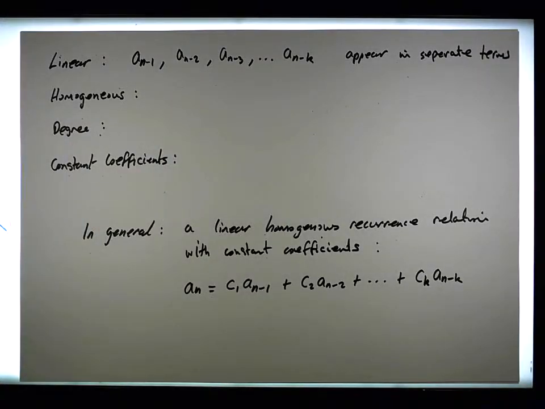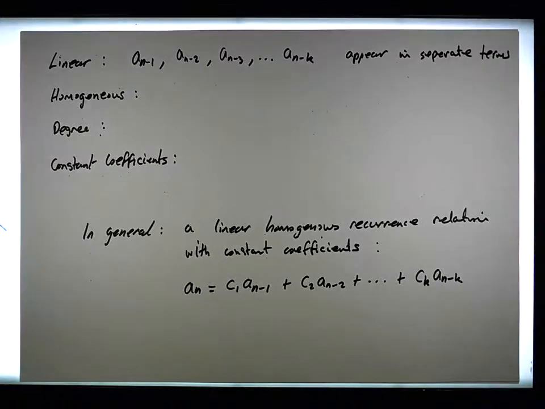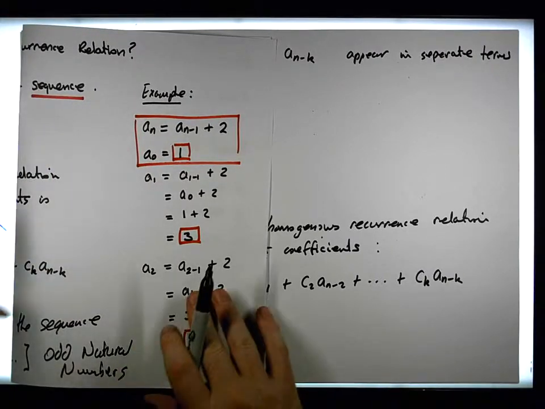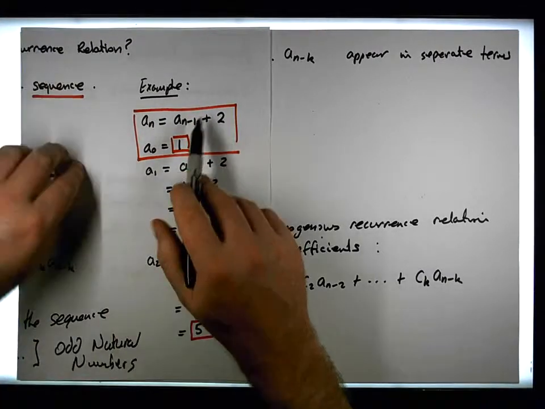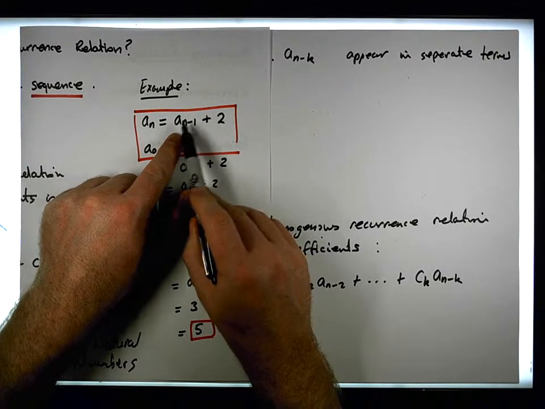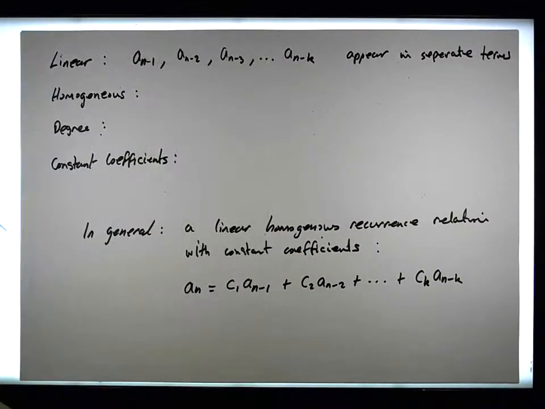So for example, when we go back to the examples that we had, you can see the first example. The only term that we have here is a of n minus 1, and it only appears there. So this is linear by definition. Let's have a look at the second example.